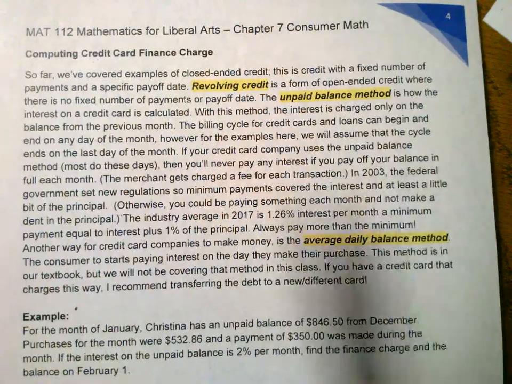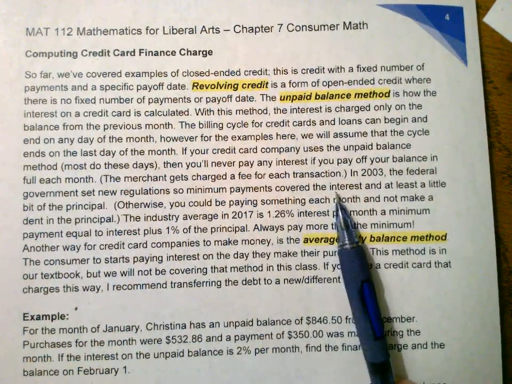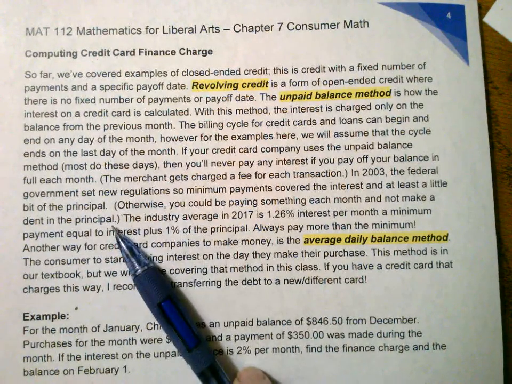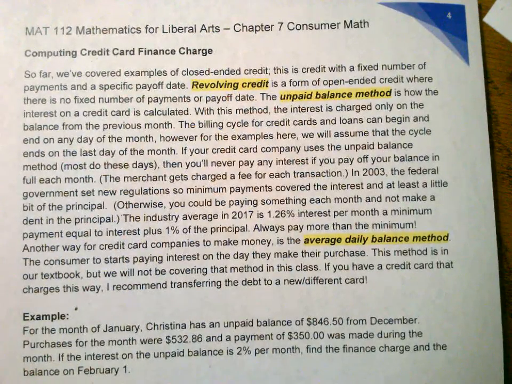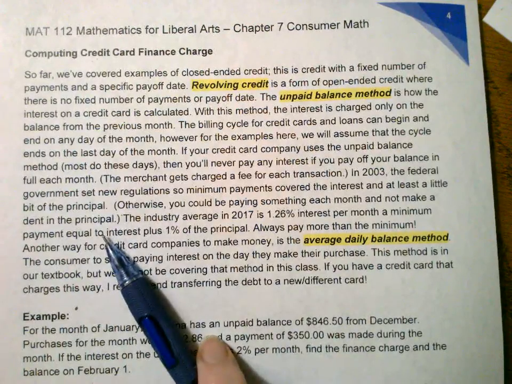So in 2003, the federal government set out new regulations so minimum payments covered at least the interest and a little bit of the principal. Otherwise, you're not making a big enough dent in your principal. You could just be paying interest each month forever if you don't pay some of that principal off.